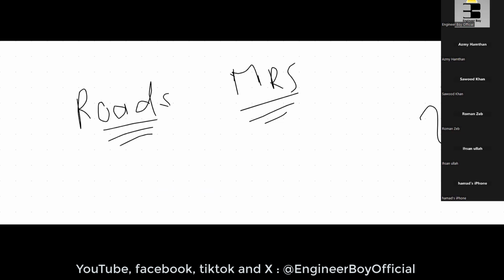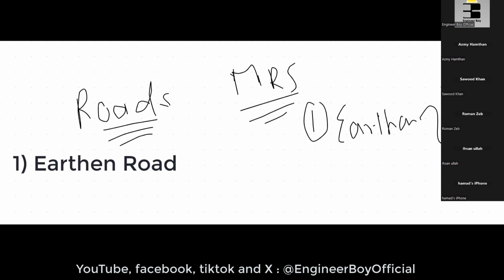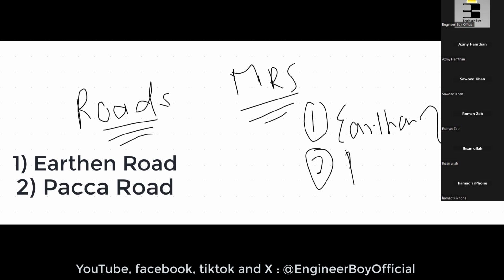And here there can be almost three types of roads. Earthen road, everybody is familiar with these things, but let me recommemorate them to you. We have earthen road, and actually we have two types. Then another one is known as the Pakka road.